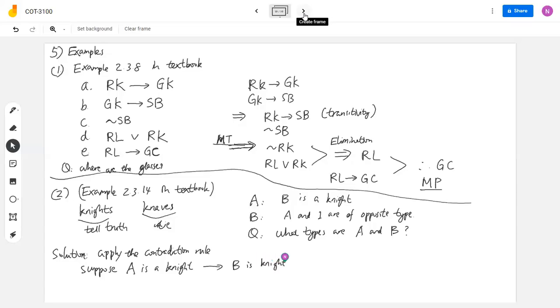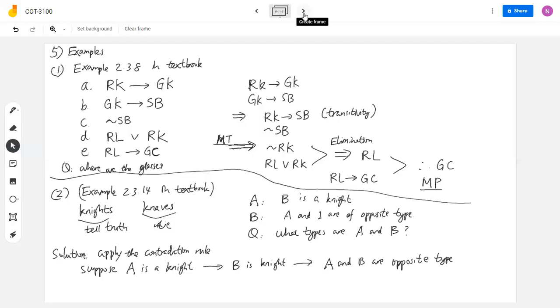Then because B is a knight, B always tells the truth, and we can infer the truth is A and B are of opposite type. What did we get? We reach a contradiction: we assumed A is a knight, then we got B is a knight, and A and B are opposite type.